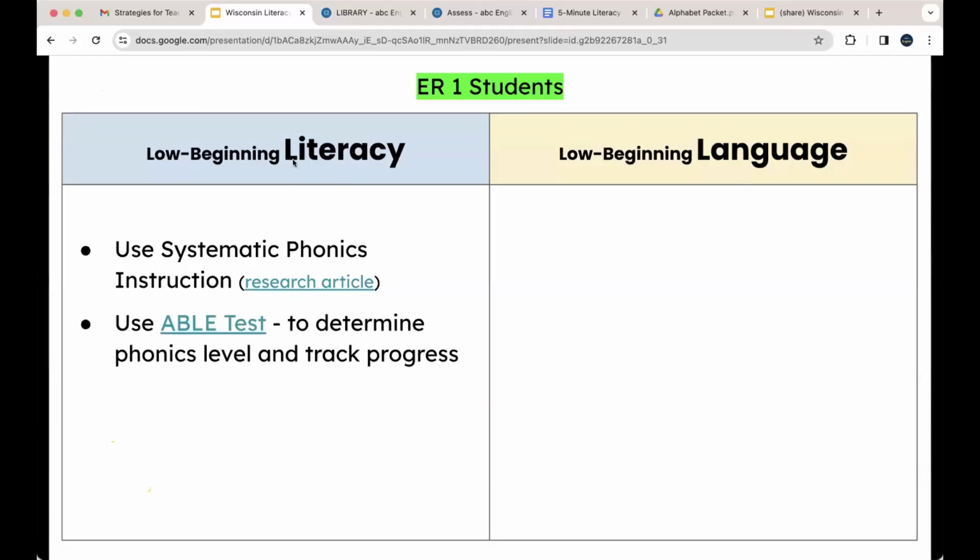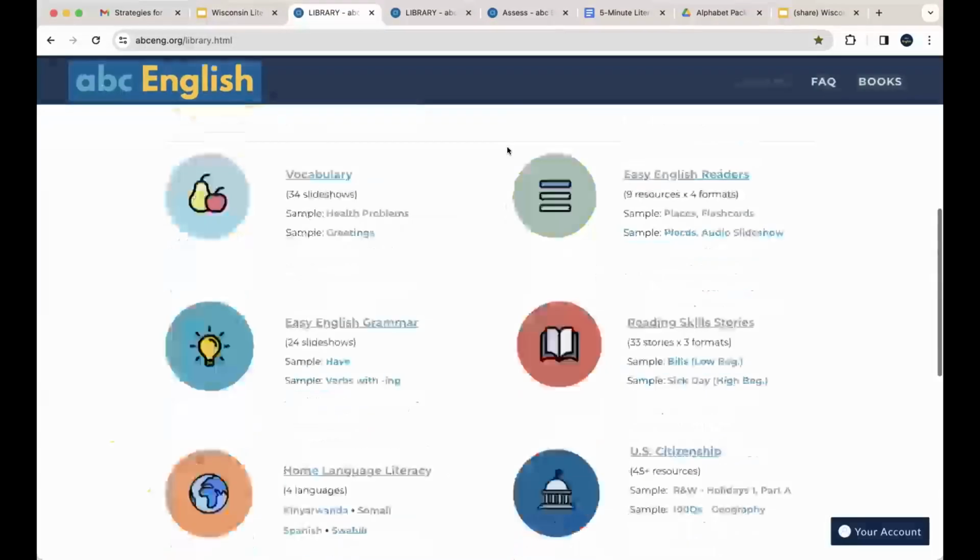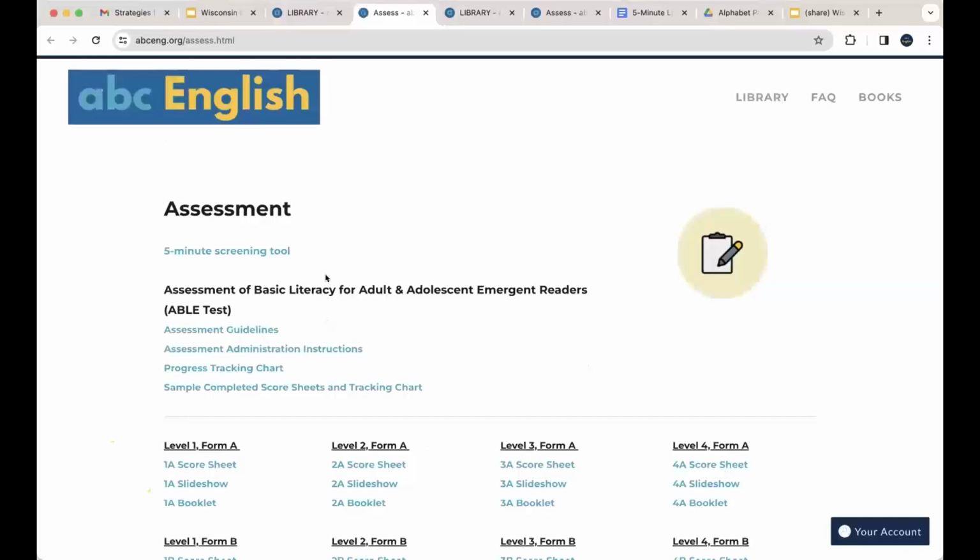If you're working with a student who has low beginning literacy, it's also really useful to use an assessment tool to guide your instruction. So this is called the ABLE test. This again is at the ABC English website under the library and in this assessment category.